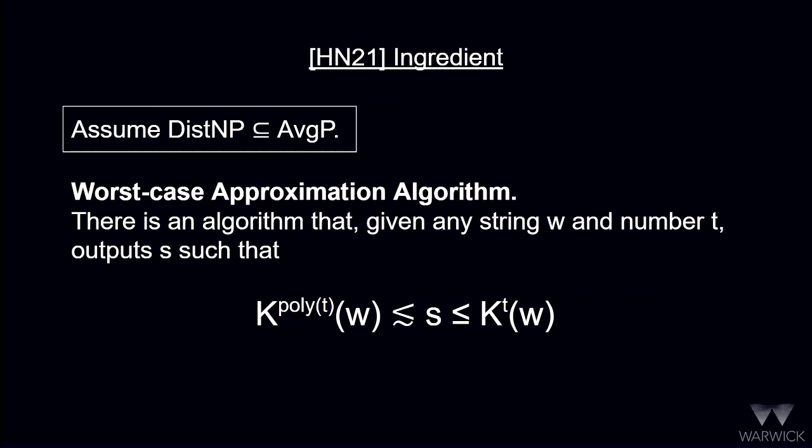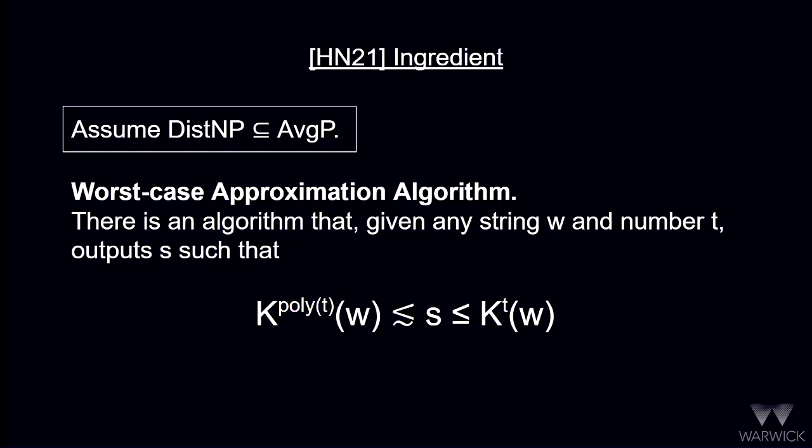Okay, so here's one of the key ingredients in the HN21 paper. It's a worst case approximation algorithm for Kpoly, which you can show to exist under that stronger assumption. So for any string w, any time-bound t, you can come up with a value s that's some sort of good estimate of KT of w.